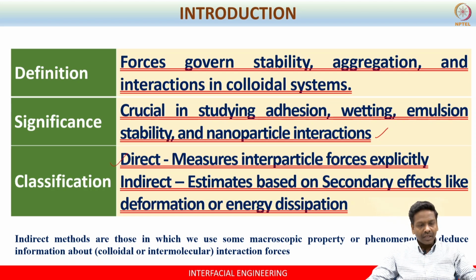The other one will be the indirect method. So you will have several methods labeled under this category. So you will be measuring some macroscopic property, right, to deduce information about the microscopic property, like intermolecular interaction forces or colloidal interaction forces, right?